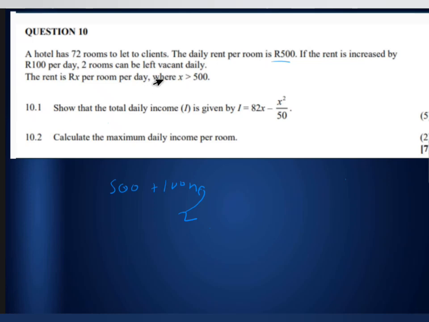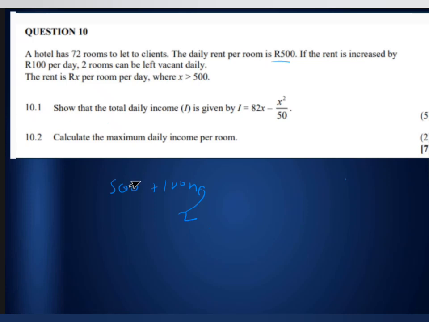Quite weird, but this doesn't always come out, this particular part, right? So the rent is X per room where X is greater than 500, meaning that we only care about X when we are increasing, right? So we start counting from when we're increasing. So day 1 is the first increase, right? So that's how it is.